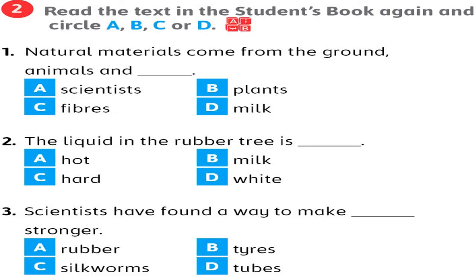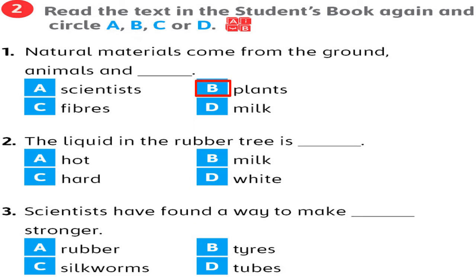Exercise number 2. Read the text in the student's book again and circle A, B, C, or D. Number 1. Natural materials come from the ground, animals, and scientists. Fiber, plants, or milk? Plants, yes.